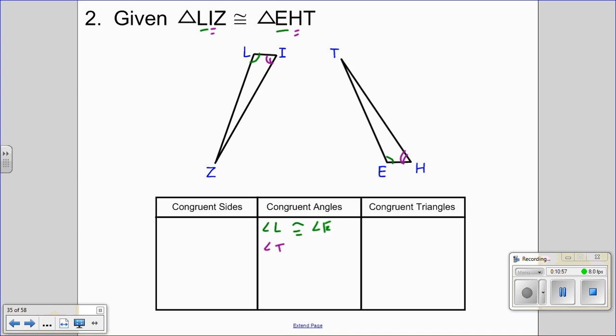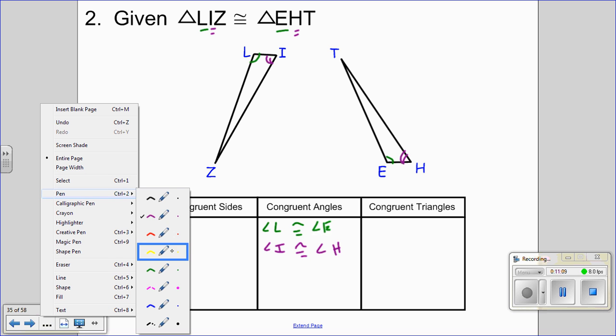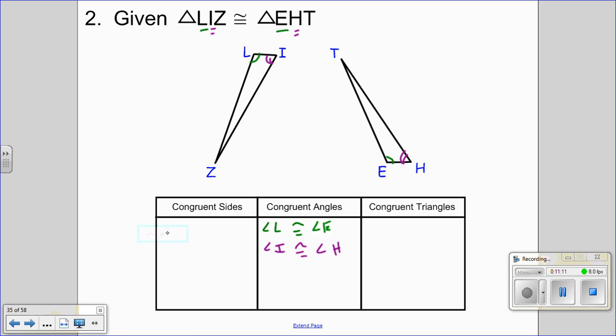So angle I with angle H. Again, if it has the same type of arc or the same number of arcs, the two angles are congruent. Don't forget that fact. And lastly, we have angle Z would get three arcs as well as angle T because those two are congruent.